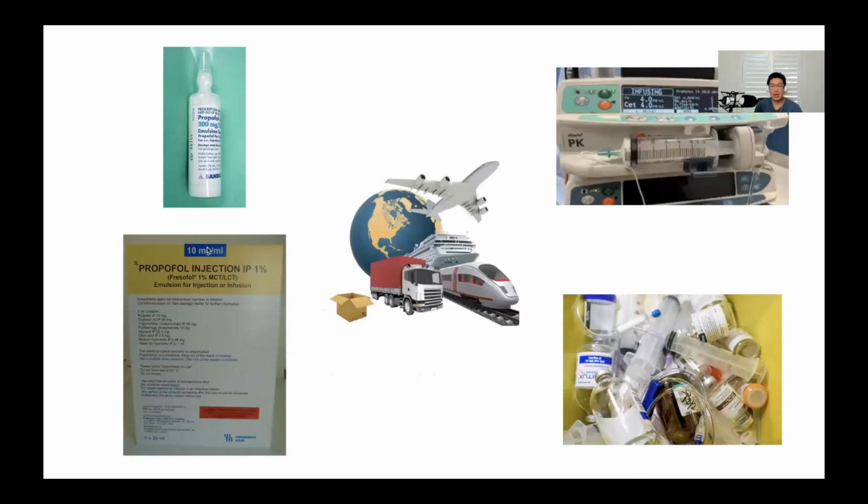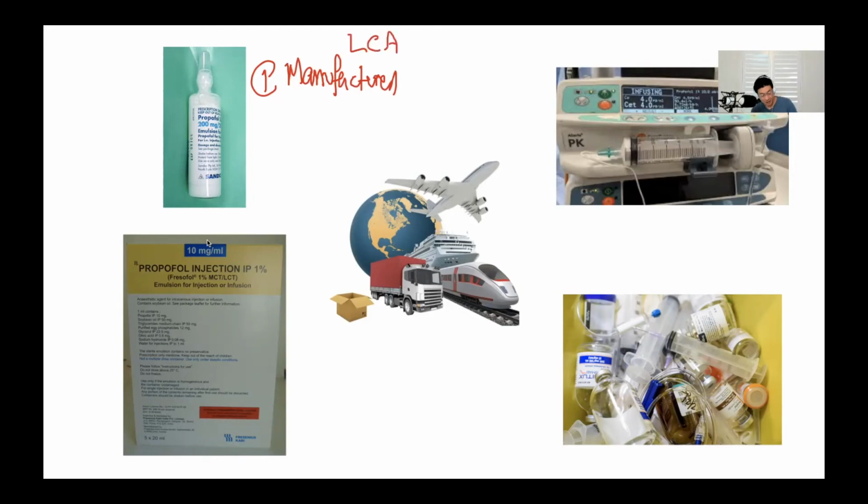Now, if you struggle to think about those 5 things, I want you to think about it sort of conceptually. The way that you can think about it is, first of all, propofol needs to be manufactured. So this is to do with the life cycle assessment.